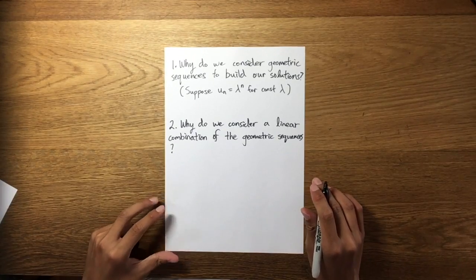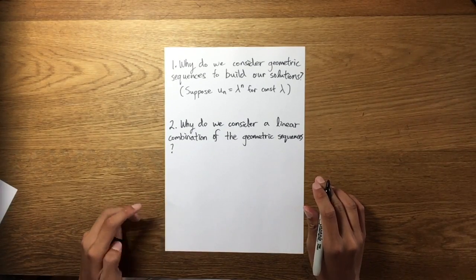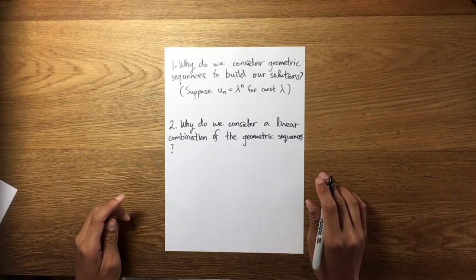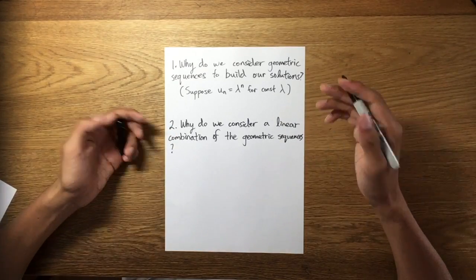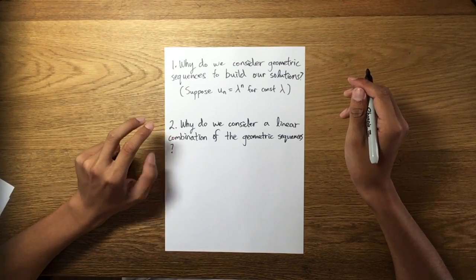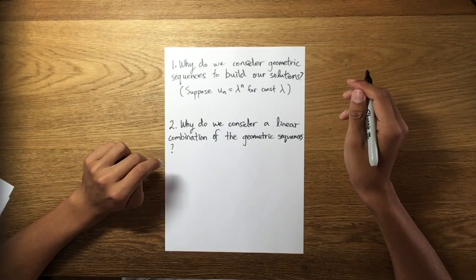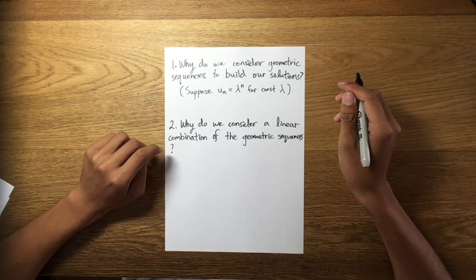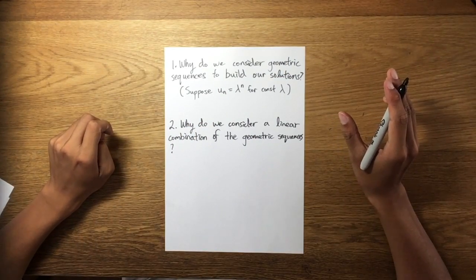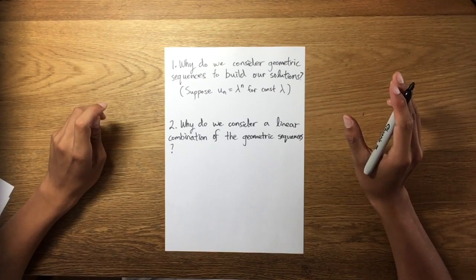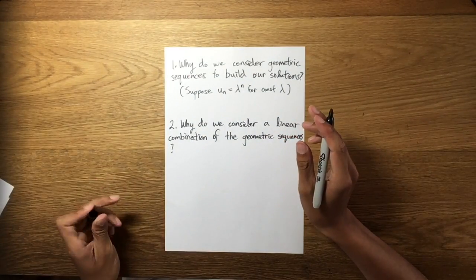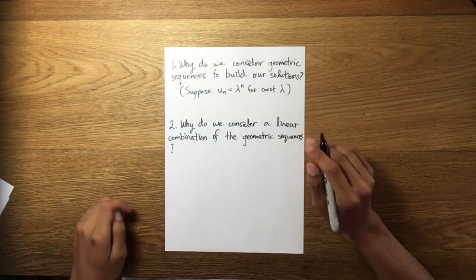Like, I don't know, maybe multiplying them together or something like that. And how is it that we can convince ourselves that a linear combination of our two geometric sequence solutions always works for every single initial condition? It seems quite reasonable that maybe this linear combination only covers part of the solutions. Although it gives us a bunch of solutions, it might not give us everything.